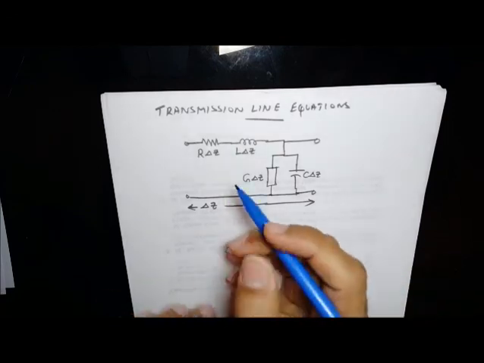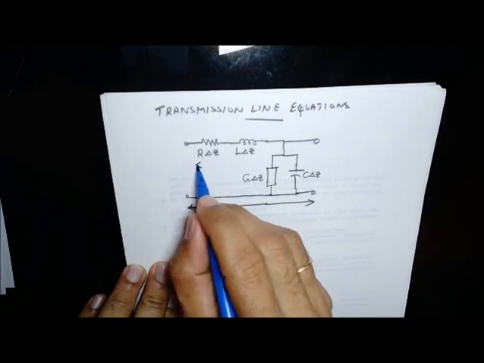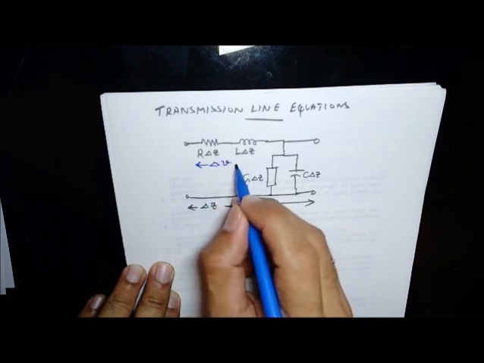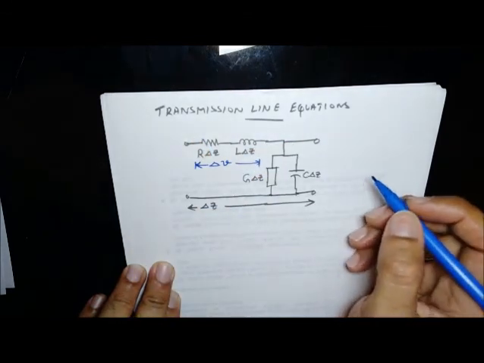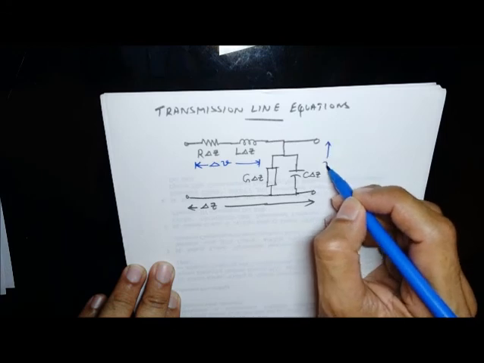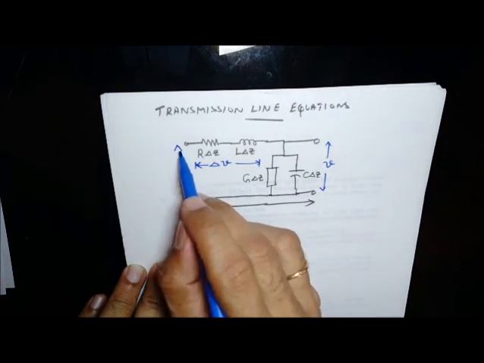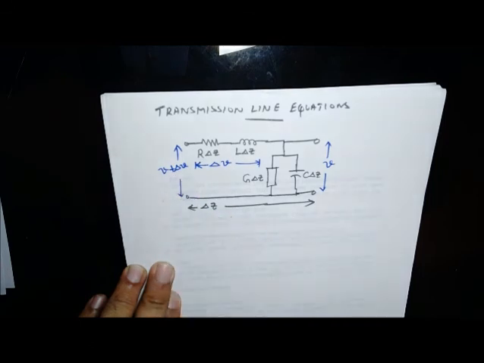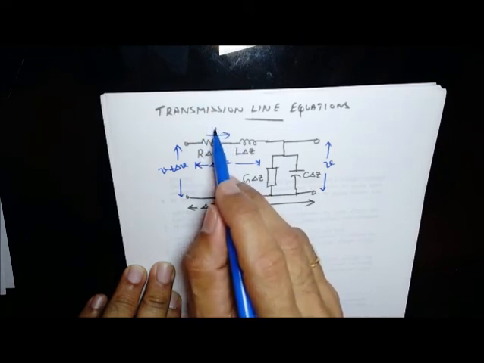Let's say that we are having an input voltage here. It's a simple circuit analysis that I will be performing now. The drop across these two is delta V, and the potential here is V. That is, across this is V, which means that this will be V plus delta V. And let the current here be I. That's the current here.